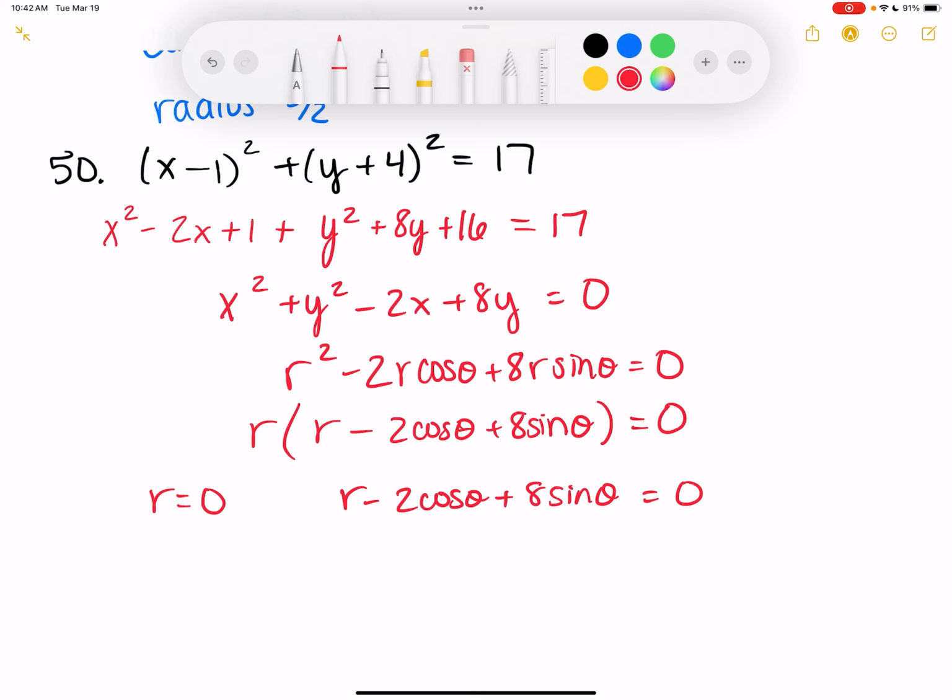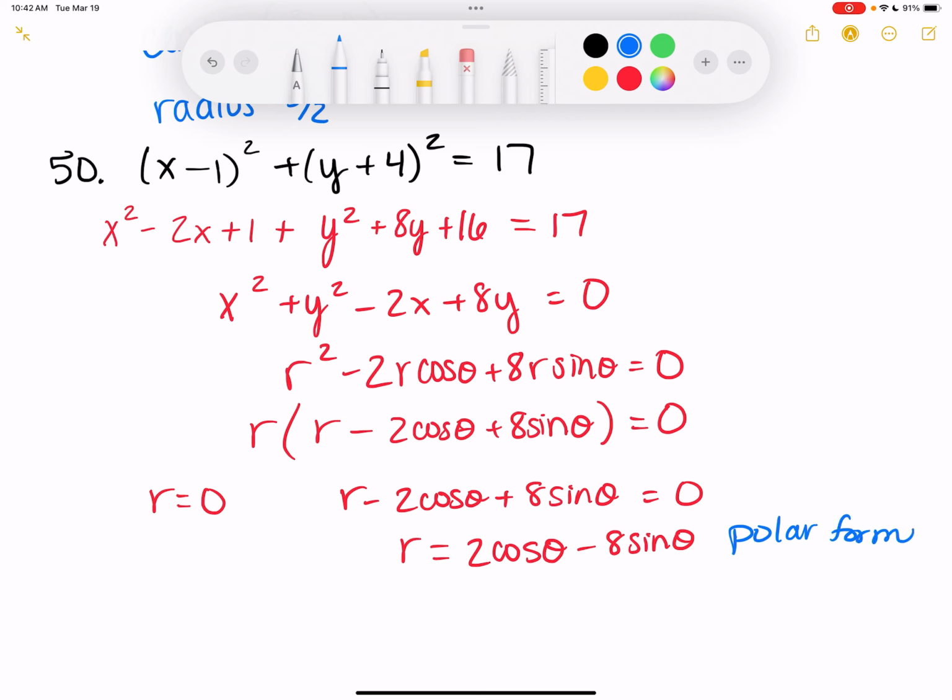On this one I'm trying to get r by itself, so I'm going to move everything else over. So r is equal to 2 cosine theta minus 8 sine theta. And so this is polar form here.